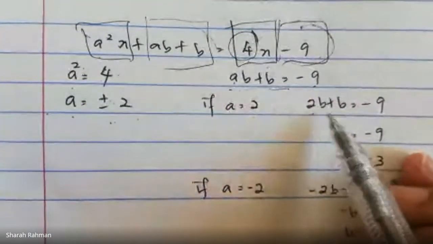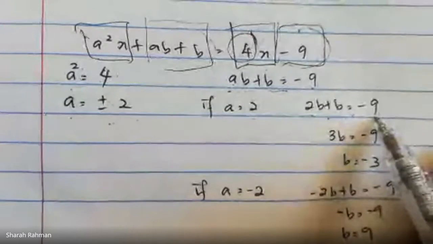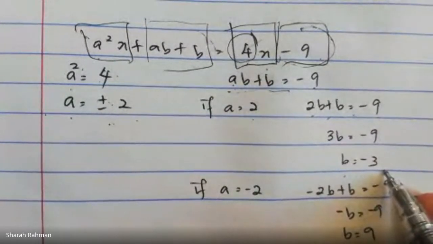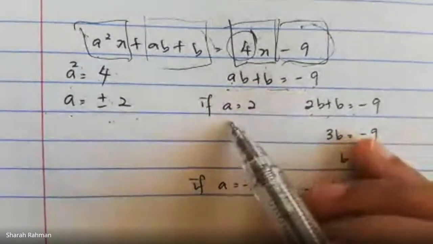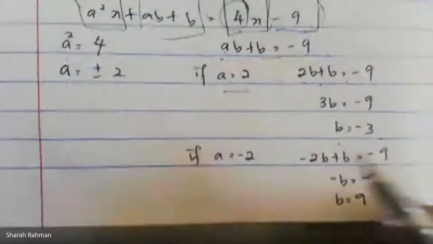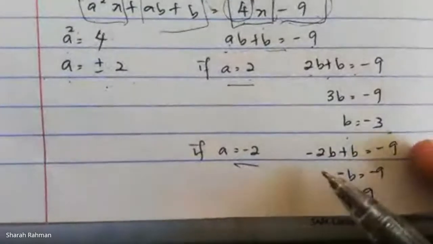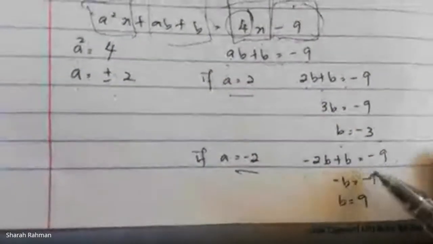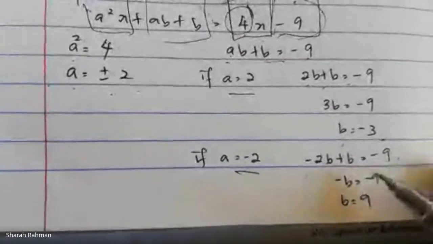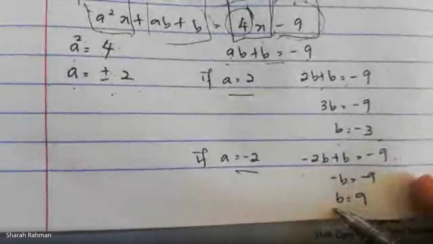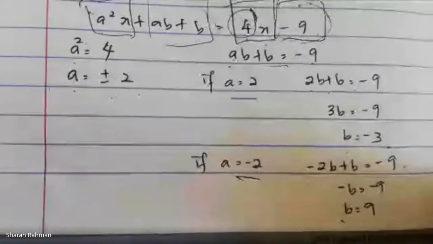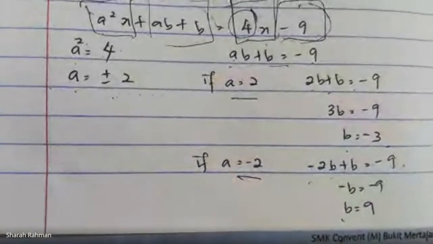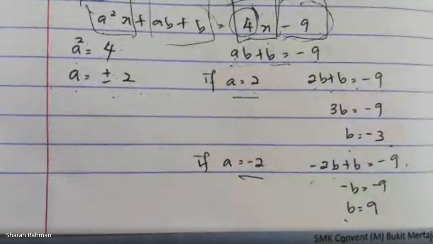So we will get 2b plus b equals to negative 9. Then we get b equals to negative 3. Then this one, if a is 2. If a is negative 2, then we do a substitution. Negative 2b plus b equals to negative 9. And then we do the simplification. We will get b equals to 9. So means here we have 2 answers. If a is 2, b is negative 3. If a is negative 2, b is 9.